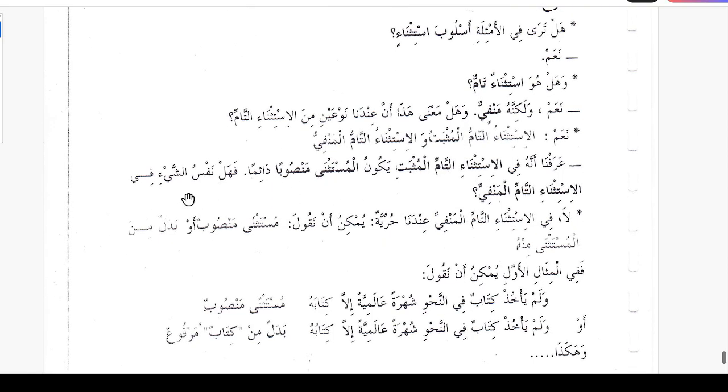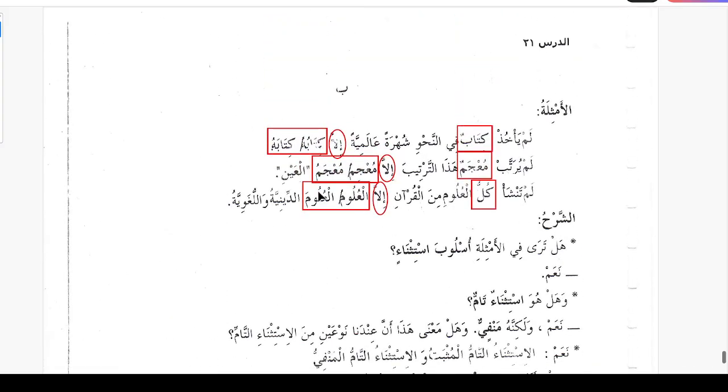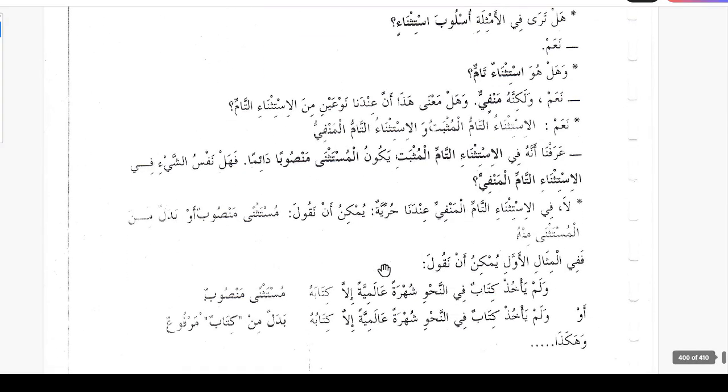فهل نفس الشيء في الاستثناء التام المنفي, and is it the same thing for istisna tamil manfi? The question is, should this also be mansub, since we see some options, not always, and those options were not there for the case of musbat. La, fil istisna tamil manfi indana hurriyatun.